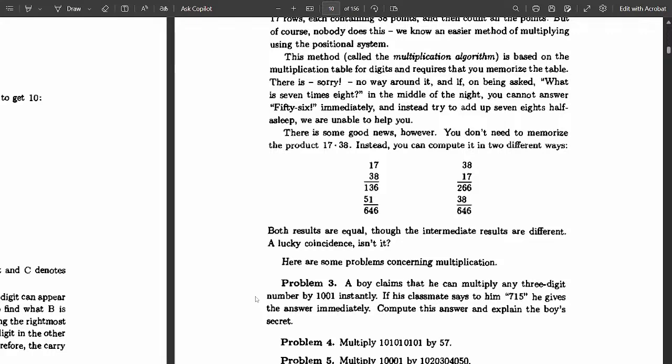Multiplying with binary, what it is. So this kind of numbers, multiplying with numbers which only contain ones and zeros.